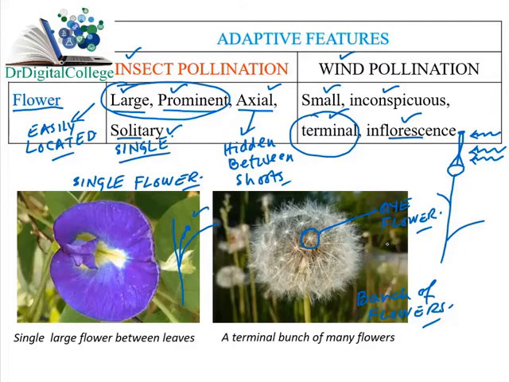Why is it so? Because wind pollination is less successful. There is a lot of wastage of the pollen grains. So when many flowers are present, all of them can release their pollen grains at a time, because the majority of them will be wasted.